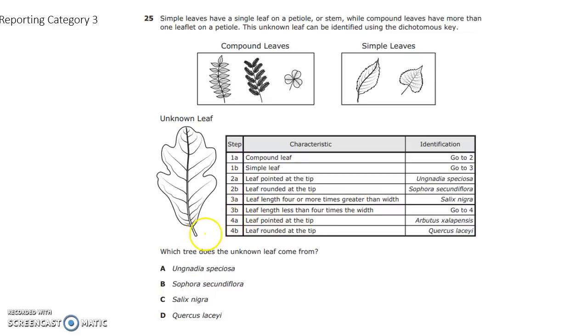Well, no, because if it was, it would be a really long leaf like this. So we're going to go here to 3B. So then we've got to go to 4. Is it pointed at the tip? No. Is it rounded at the tip? Yes. So this is the name of the leaf. So your correct answer was D.